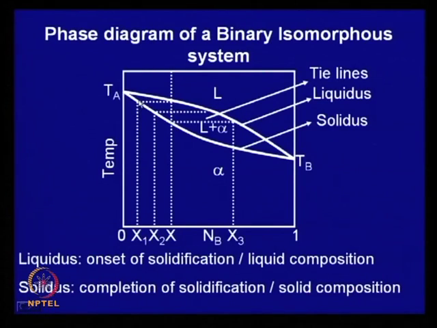So, if it cools under equilibrium condition, the amount of solid goes on increasing as the temperature goes down, and the initial composition of the solid is this, but as it cools down, the composition of the solid keeps on changing, and when the entire solid composition reaches this, in that case the liquid virtually disappears and the solidification process is complete.